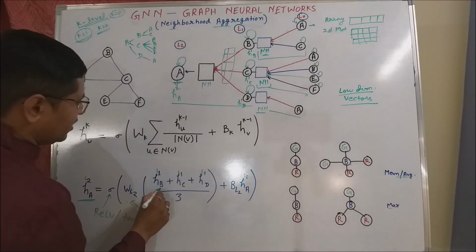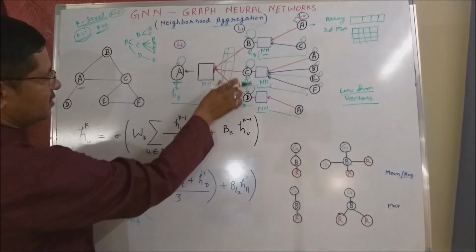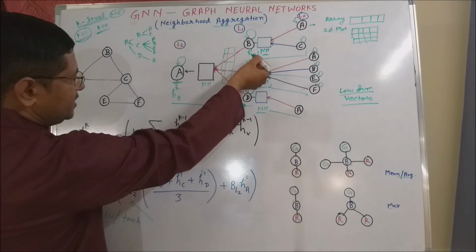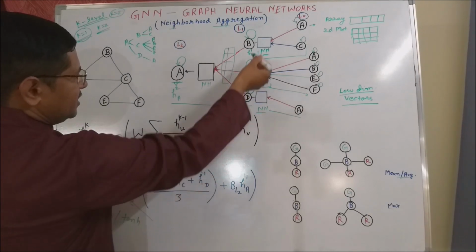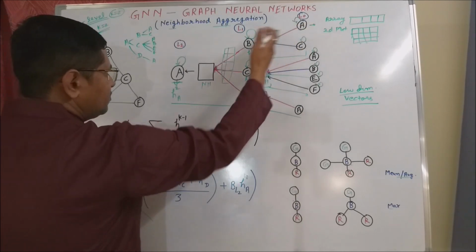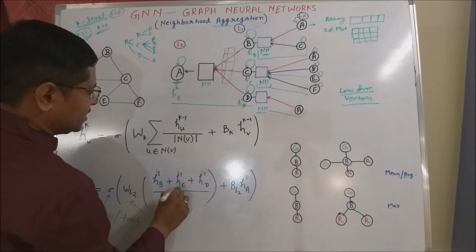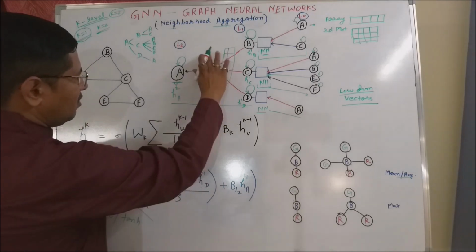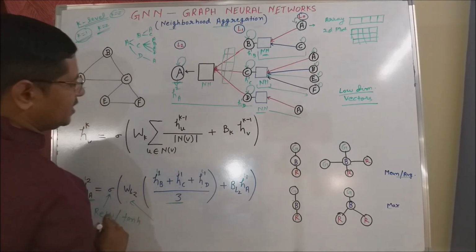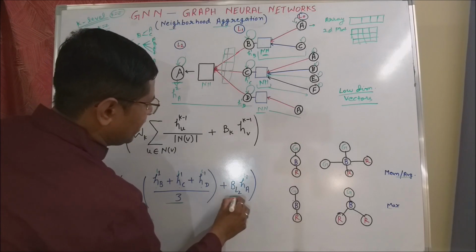And again here we take the average, as we said we take the aggregation. So we take the average of all the outcomes H_B^1, H_C^1 and H_D^1 that we achieved through the input layers from this layer. So we will take H_B^1 plus H_C^1 plus H_D^1, meaning all neighbors of node A, and then take the average. Again the next part is the bias factor.